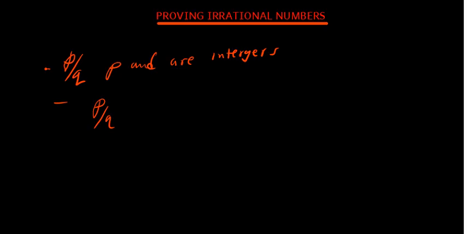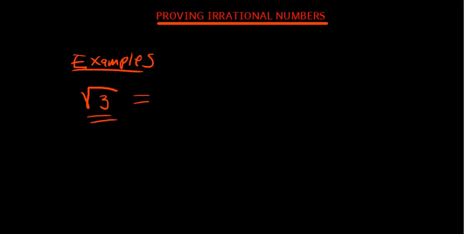Examples of irrational numbers, let's see them. Examples, we have this one. This is an irrational number because it can't be expressed in the form, it can't be equal to p over q.